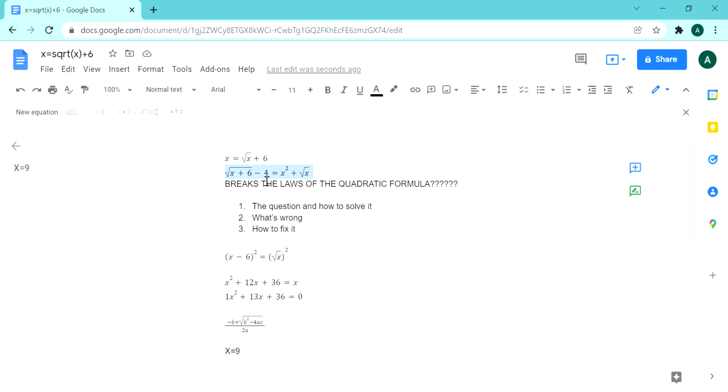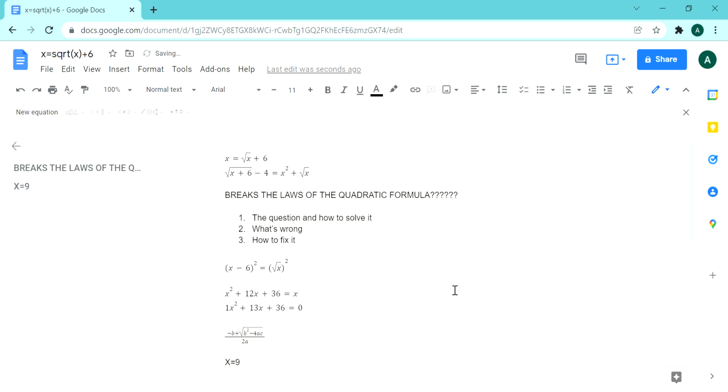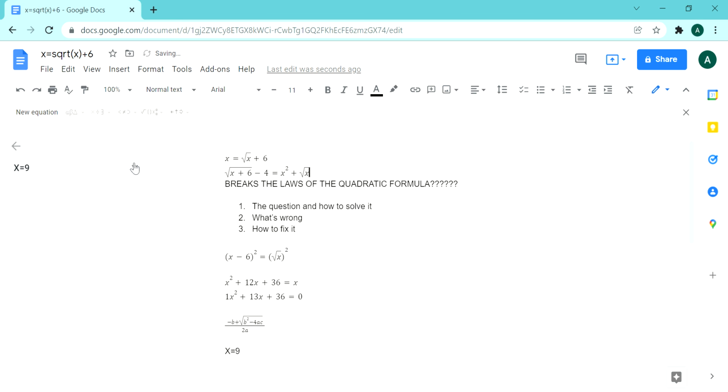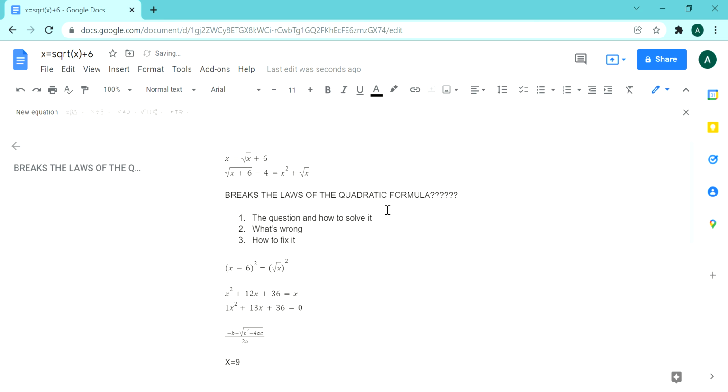I'm actually going to see, but it applies here too. The quadratic formula, this rule applies to this random equation too, not just our equation here, broken quadratic formula, which is very weird.